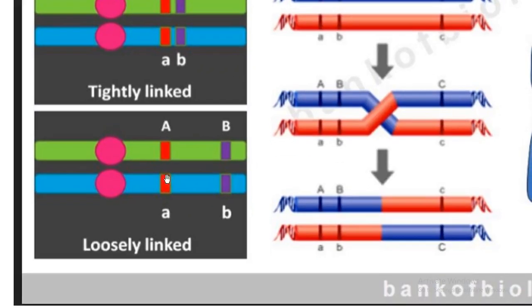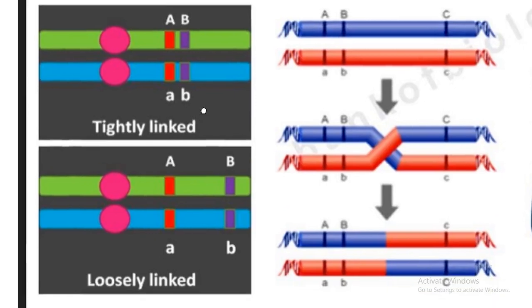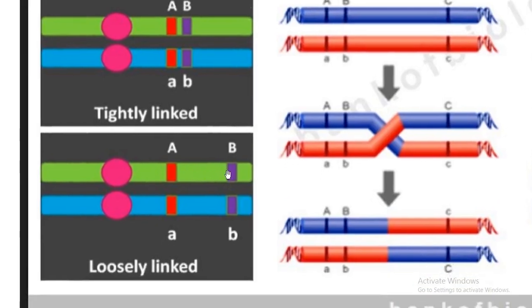Whereas look at this, இங்க A and B கொஞ்சம் ரொம்ப செப்பரேட்டா இருக்கு. Okay, they are கொஞ்சம் டிஸ்டன்ஸ்ல இருக்கறதால they are loosely linked. So always remember, when the genes are tightly linked, recombination ஓட percentage வந்து ரொம்ப கம்மியா இருக்கும். When the genes are loosely linked, the recombination percentage வந்து அதிகமா இருக்கும்.